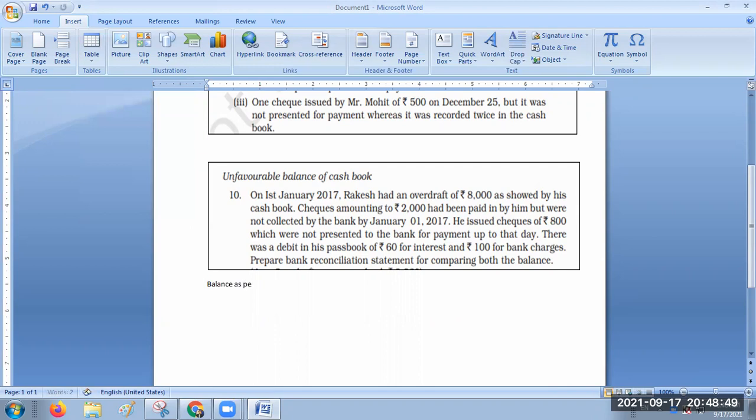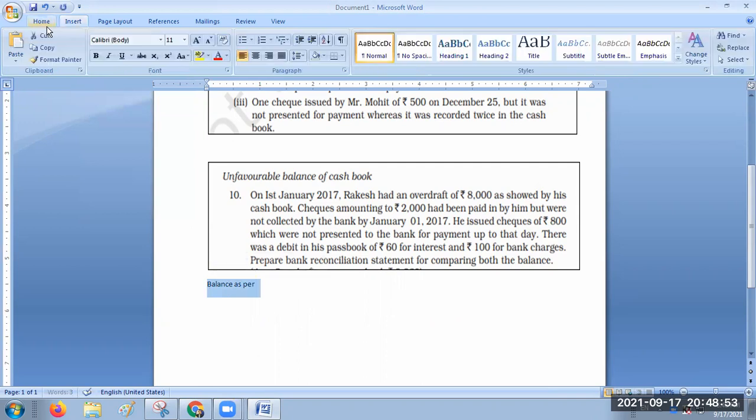Balance as per... you have to mention overdraft balance. In the previous problems you mentioned only balance. Now you have to mention either unfavorable balance or overdraft balance. Overdraft balance as per cash book.